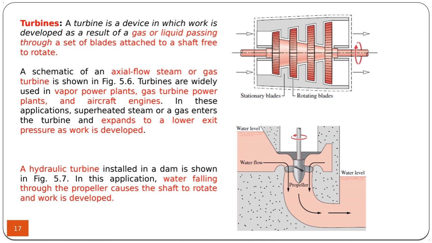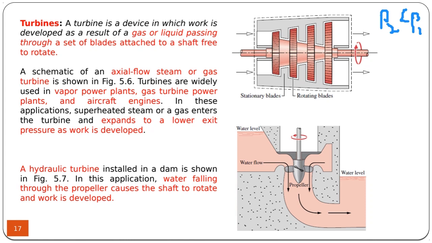Examples of turbines are vapor turbines used in vapor power plants, turbines in gas turbine plants, and aircraft engines. And as you can imagine, as the kinetic energy is converted to work, the pressure becomes lower as the flow expands into a larger volume.